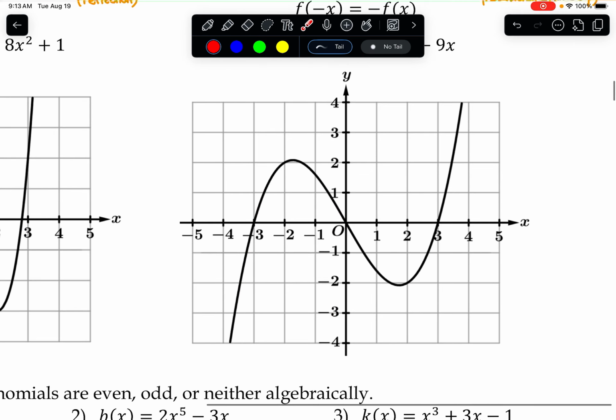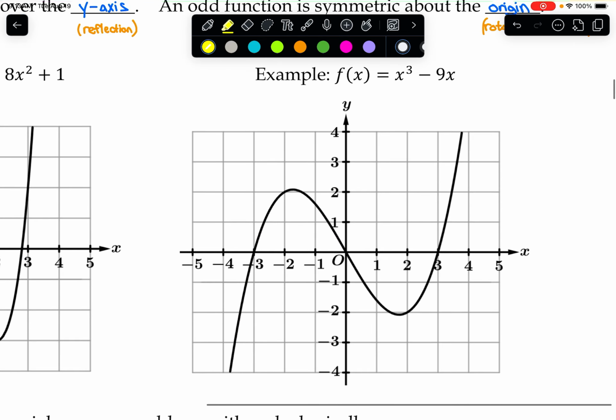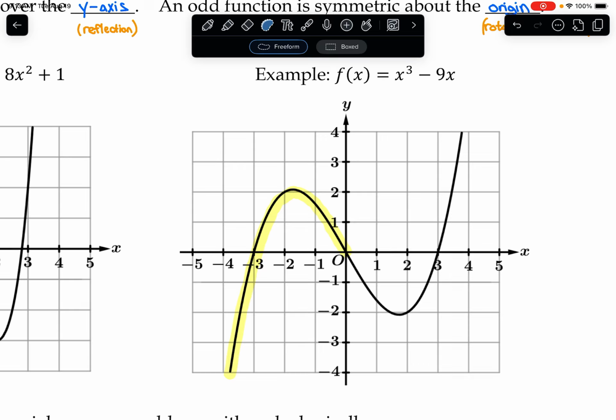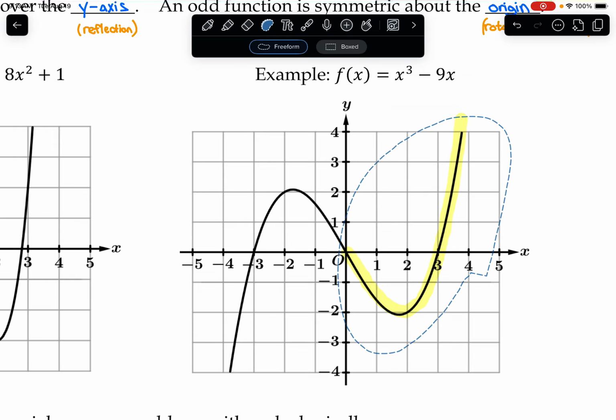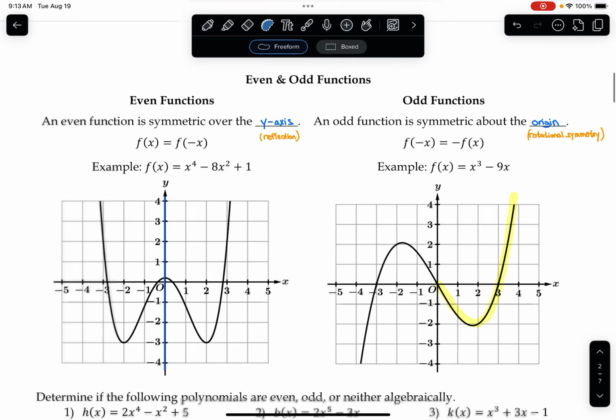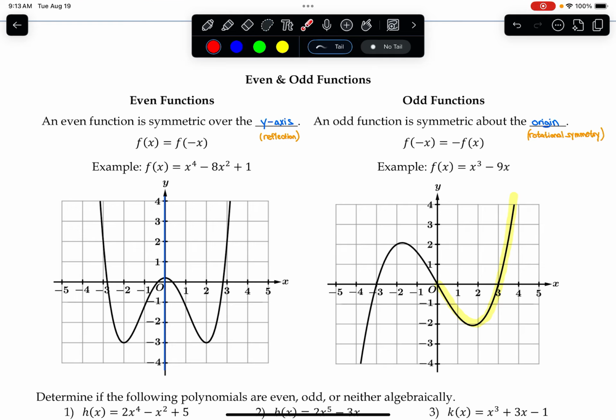And then if I look over here at the odd functions, I'll show you with this highlighter. I'm going to highlight the left part of this, and then with rotational symmetry, if I rotate this figure 180 degrees-ish about the origin, we get the same shape. So that would be rotational symmetry. Whenever we have rotational symmetry, that is what I refer to as odd functions.